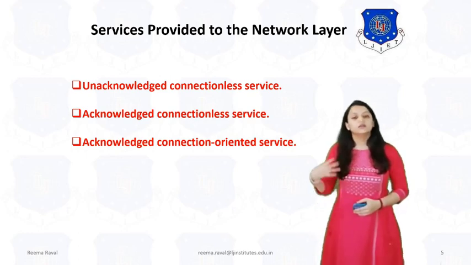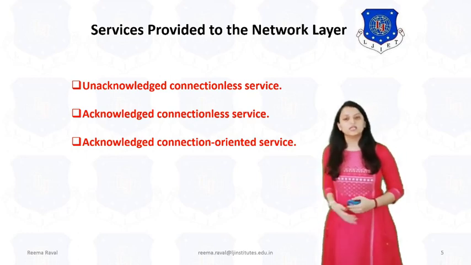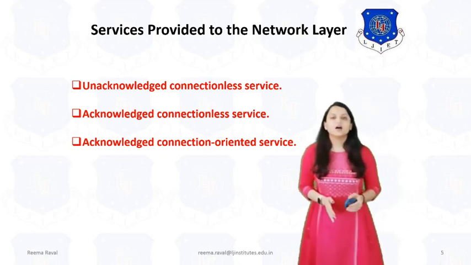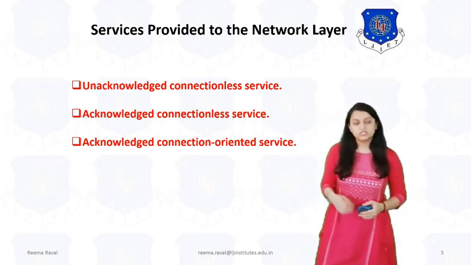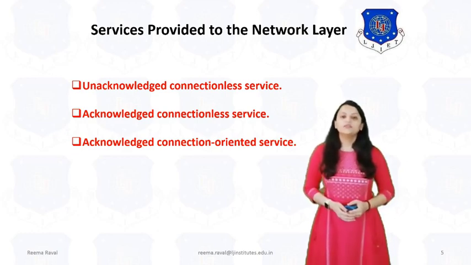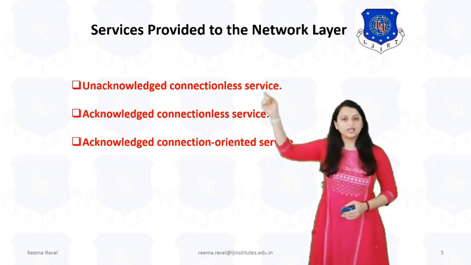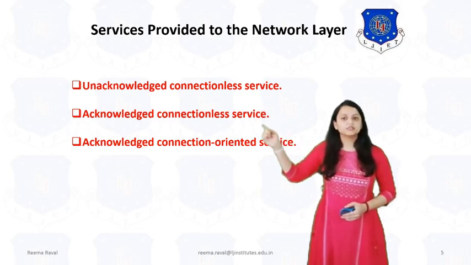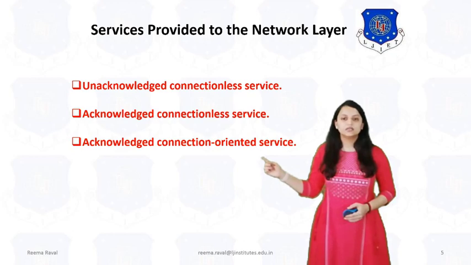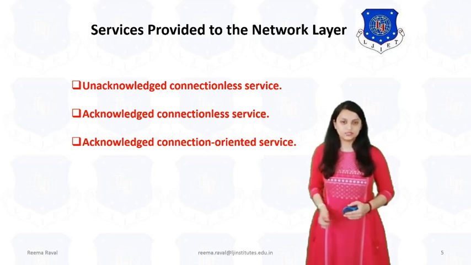And we can say that another one is unacknowledged connection-oriented service, but these are basically three types of services generally provided to the network layer. I repeat again, the first one is unacknowledged connectionless service, the second one is acknowledged connectionless service, and the third one is acknowledged connection-oriented service.